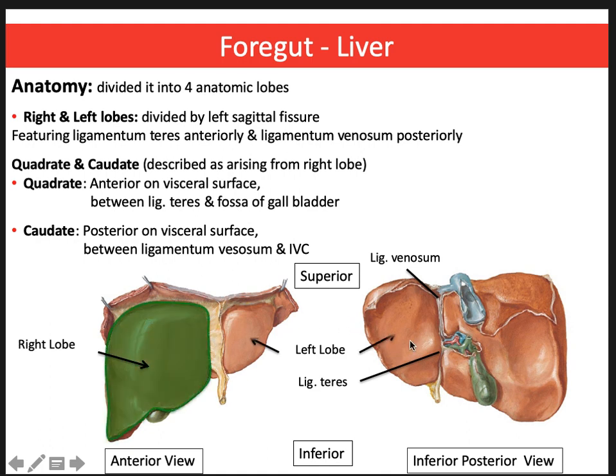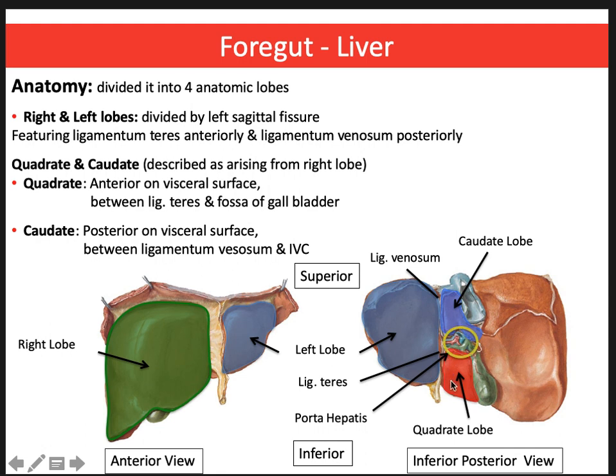But if you look at the lateral, the posterior side, or the visceral perspective, you can notice that you also have two other lobes. So you have your right, you have your left, but you also have two lobes that are separated by what we call the porta hepatis, which is basically the liver's hilum, right?